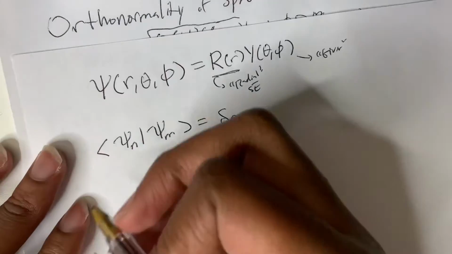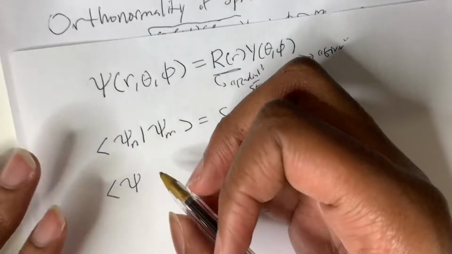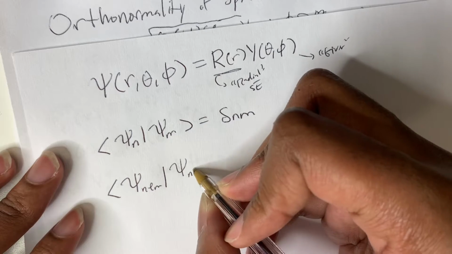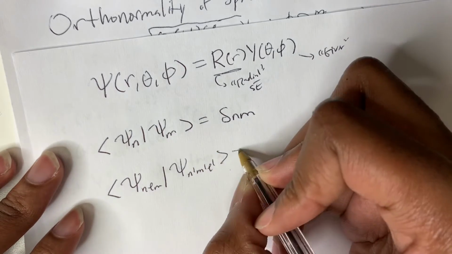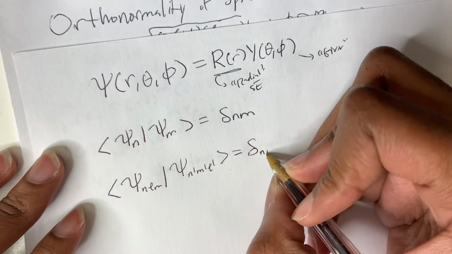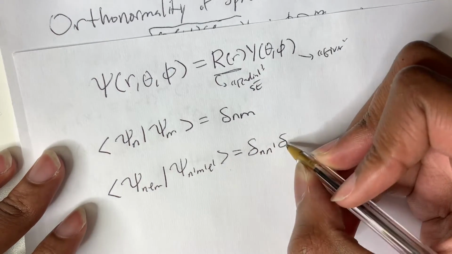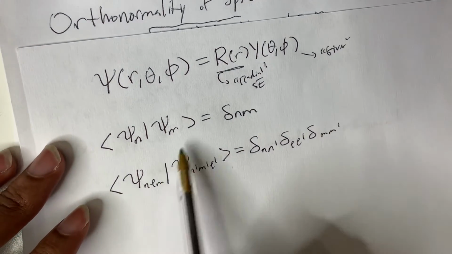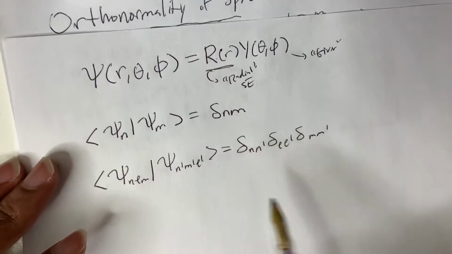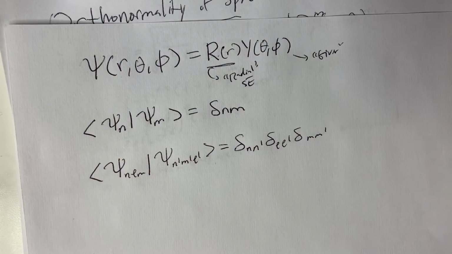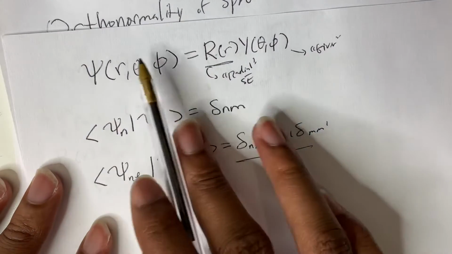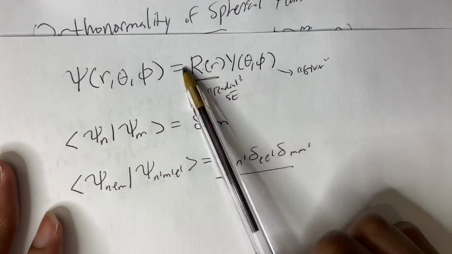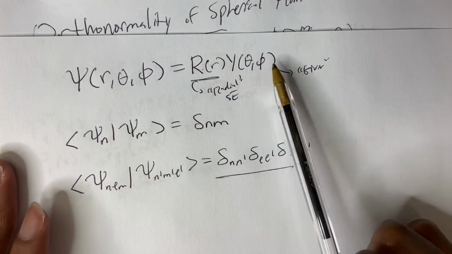So for three dimensions, we have psi of n l m dotted with psi of n prime l prime m prime equals delta n n prime, delta l l prime, and delta m m prime, where n is the quantum number of the radial wave function. So this implies, since the total wave function has to be orthonormal, that the radial wave function and the spherical harmonics have to be orthonormal as well.